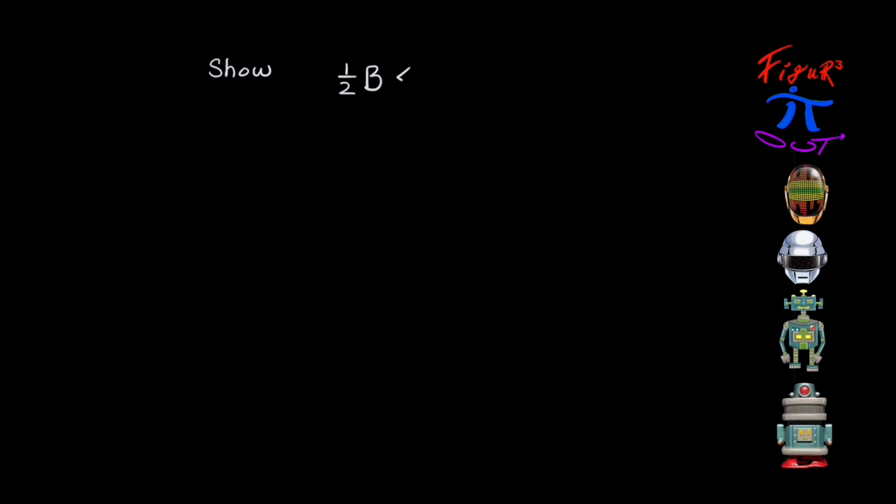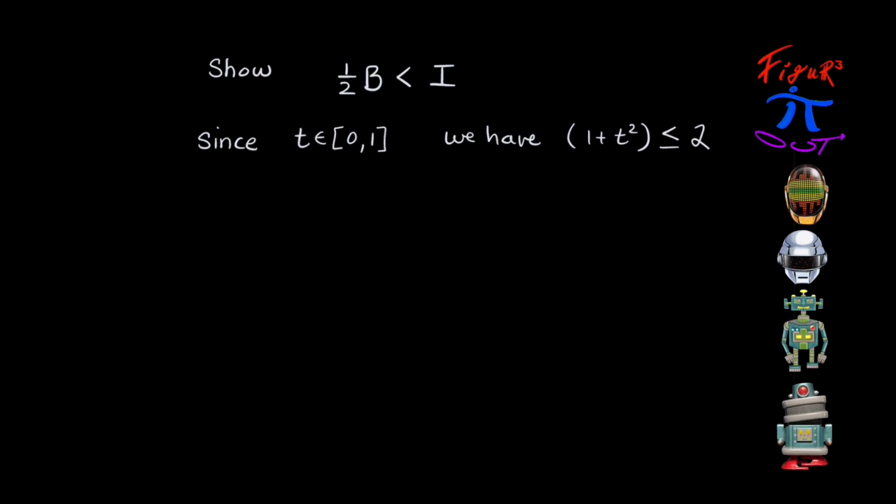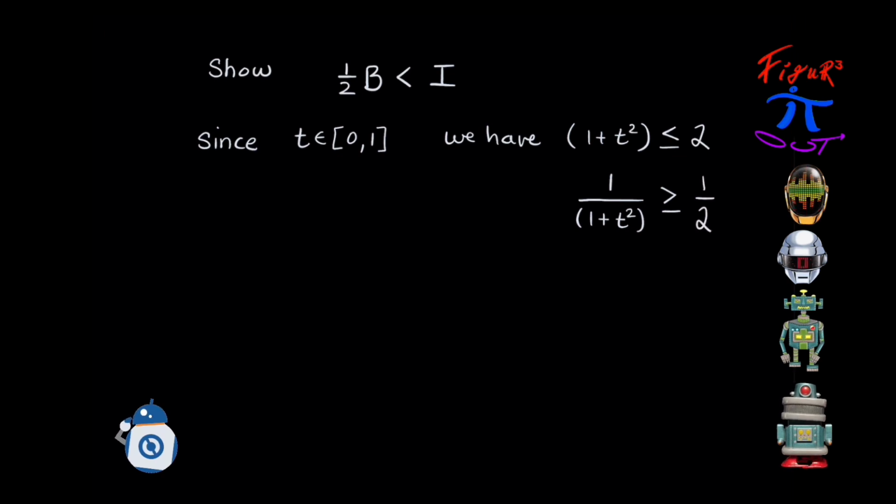So next, what we're going to show is that 1/2 of the integral b is actually less than I. And since, again, t is an element between 0 and 1, 1 plus t squared would be less than or equal to 2. So the reciprocal of this would tell us that 1 over 1 plus t squared is greater than or equal to 1/2.